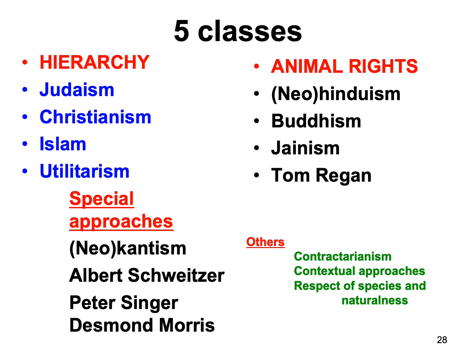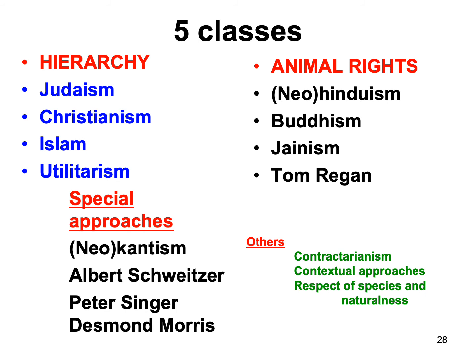These are Judaism, Christianity, Islam, and utilitarianism. We have the animal rights approaches: Hinduism, Neo-Hinduism, Buddhism, Jainism, and the philosopher Tom Regan.